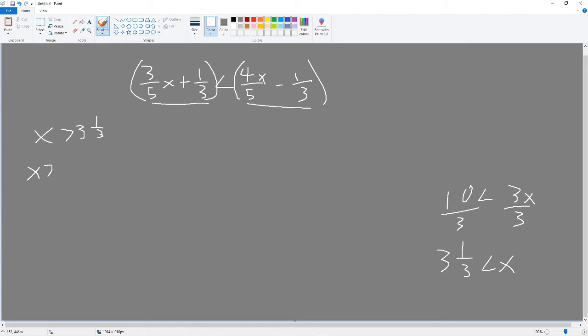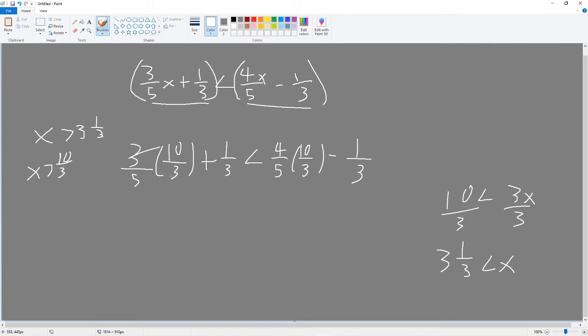So let's put this back into an improper fraction, 10 over 3. I get 3 over 5 times 10 over 3 plus 1/3, which should equal 4 over 5 times 10 over 3 minus 1/3.